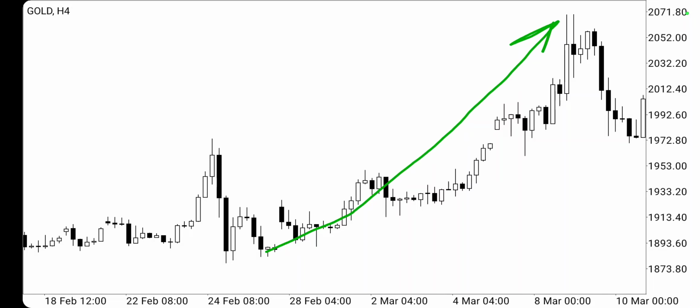Because remember I said the only time right now we take the rejection patterns or rejection bars into consideration is when they are located at a significant area. They must be either at the area of a strong resistance or a strong support area. That's the only time we can think of trading them.